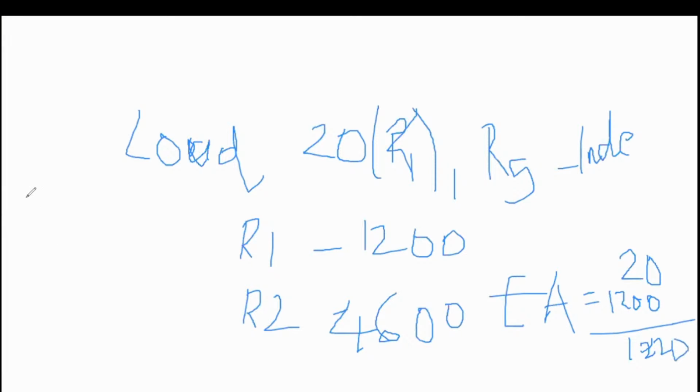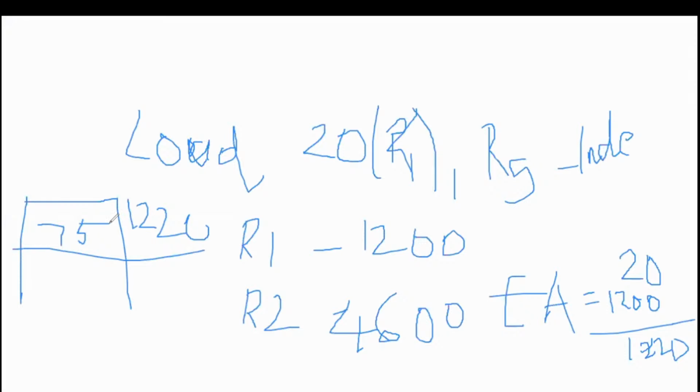The computer will go to the memory and fetch from 1220. Suppose some value like 75 is there. That will be placed in R5. So R5 will have the value 75 now. 1220 is the address.